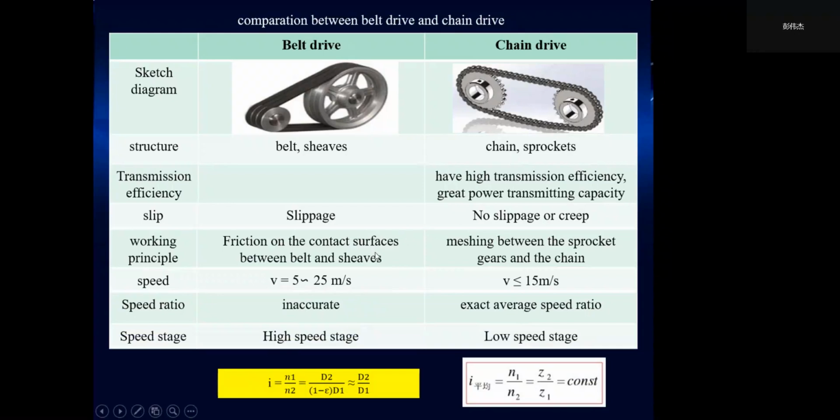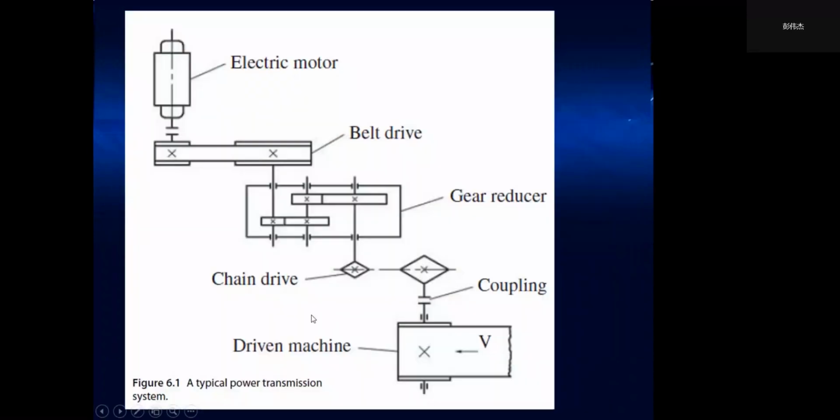In a power transmission system, belt drive is used at high speed stage, while chain drive is used at lower speed stage. For example, this is a typical power transmission system.